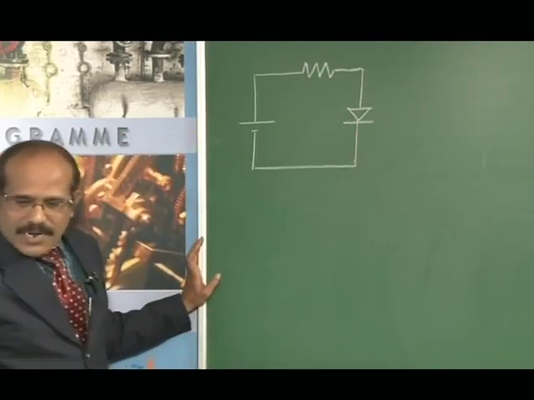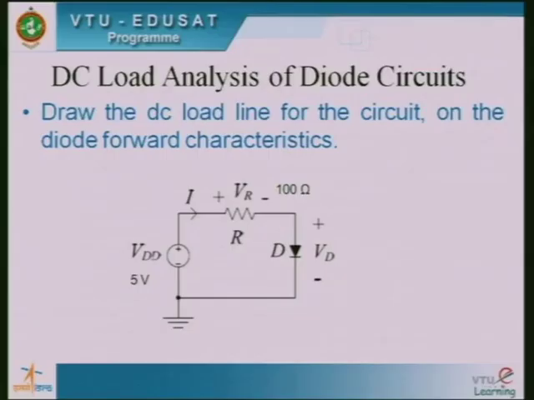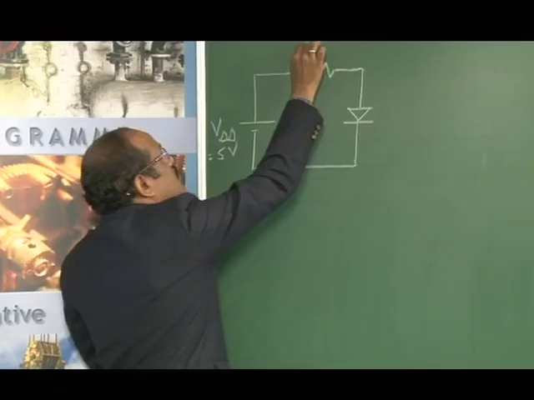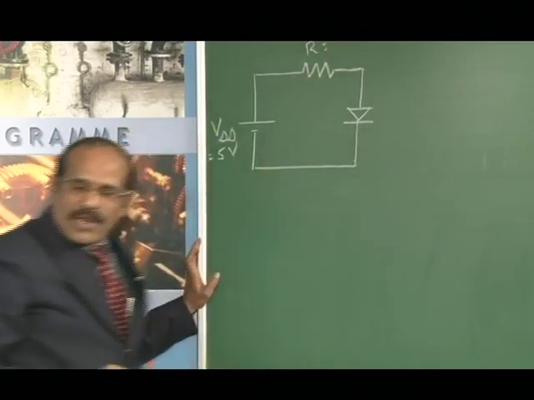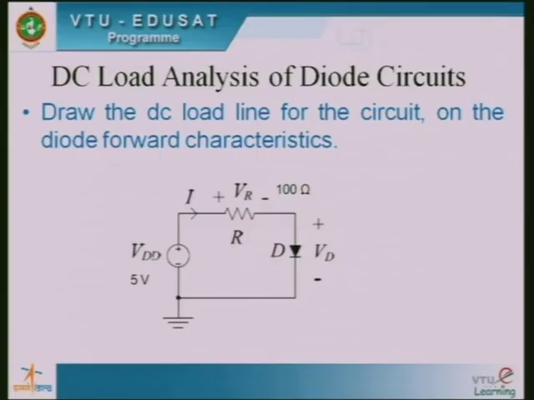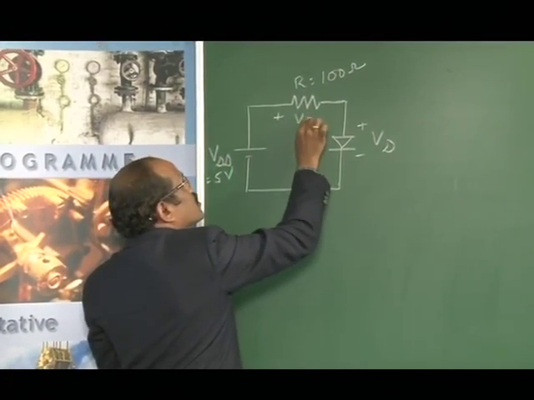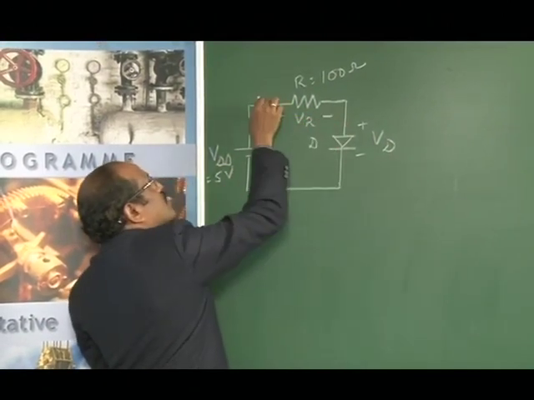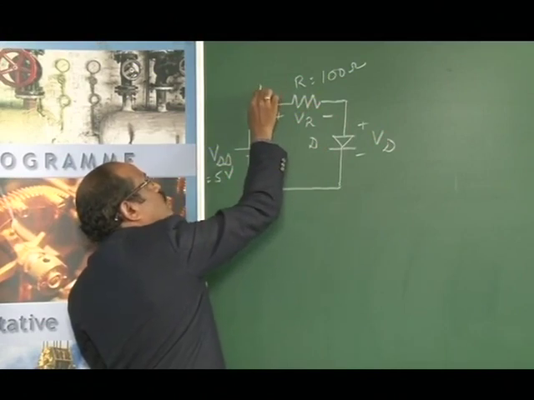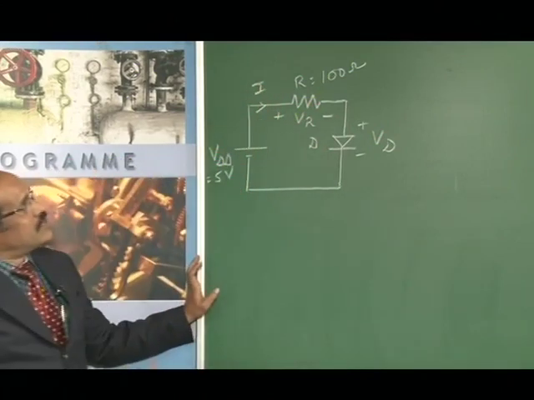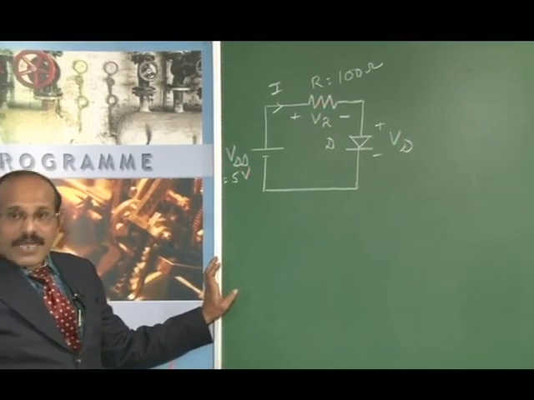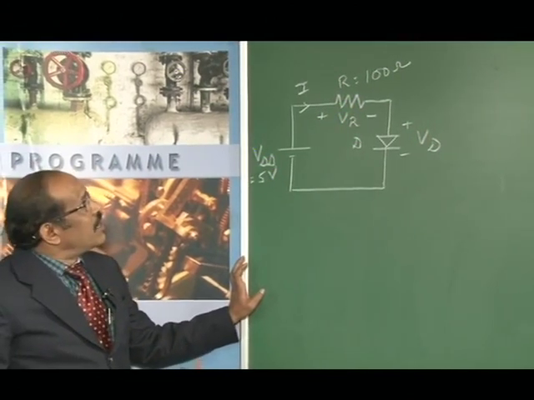This supply is defined as VDD, and it is 5 volts, whereas this is R. The value of R is 100 ohms, and it is in series with the diode D. The voltage drop across the diode we write as Vd, the voltage drop across the resistor we represent as Vr, and the current flowing through this resistance is the current I.